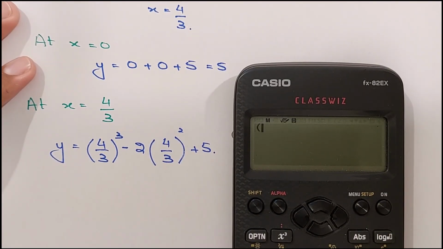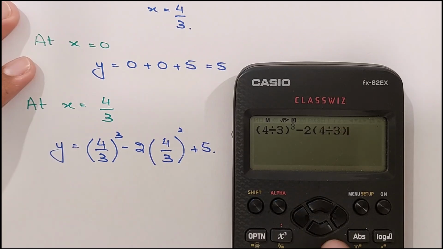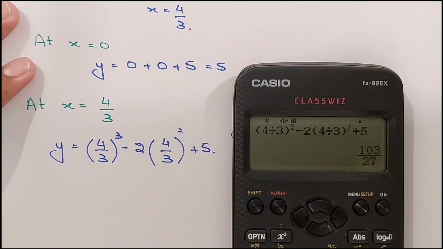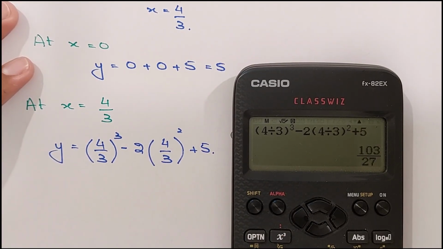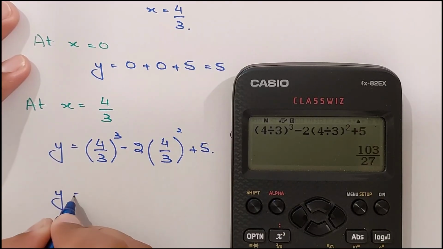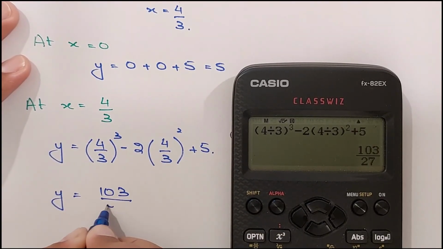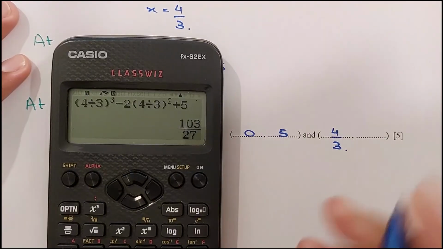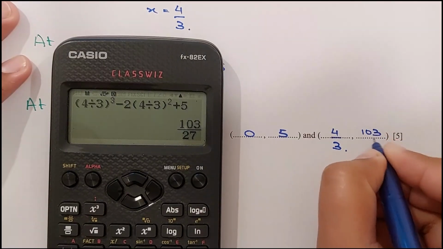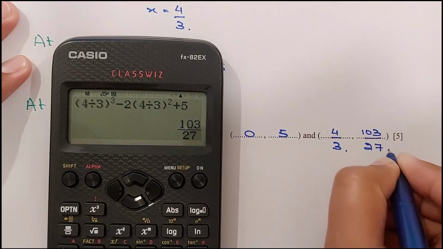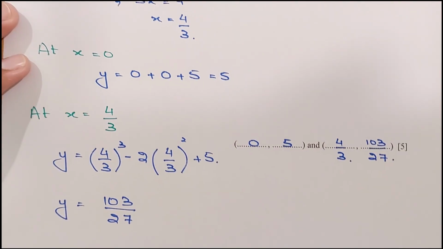This is 103 over 27. Y equals 103 divided by 27. This is the corresponding value of y when x is 4 by 3. So these are the two coordinates of the stationary points, right?